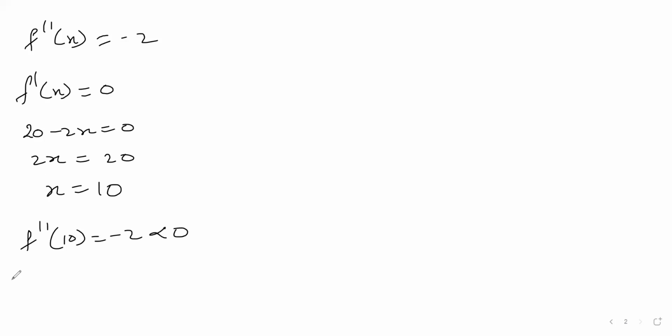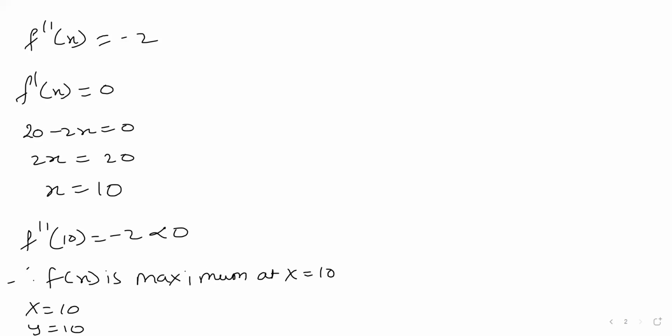Minus 2 is less than 0. And therefore f of x is maximum at x equals 10. So if x is 10, y will also be 10. So the two parts of 20 whose product is maximum are 10 and 10.